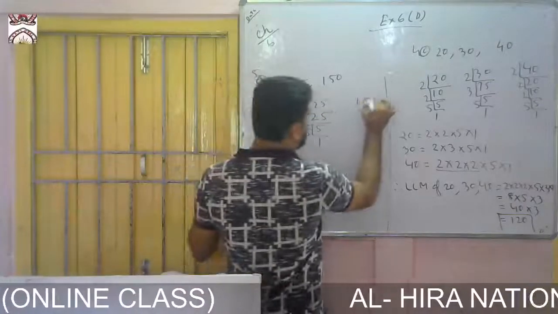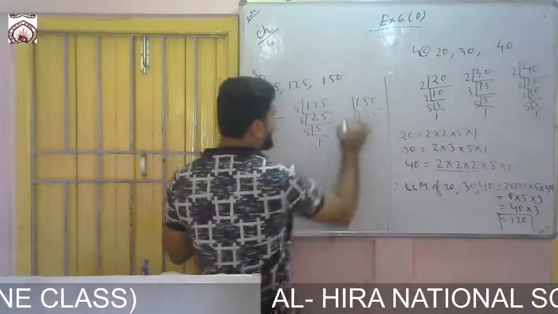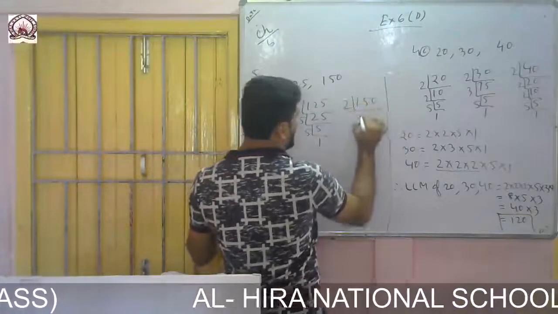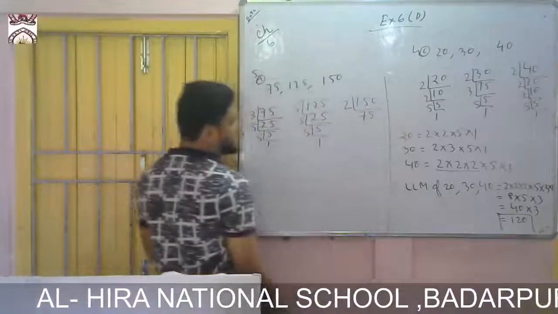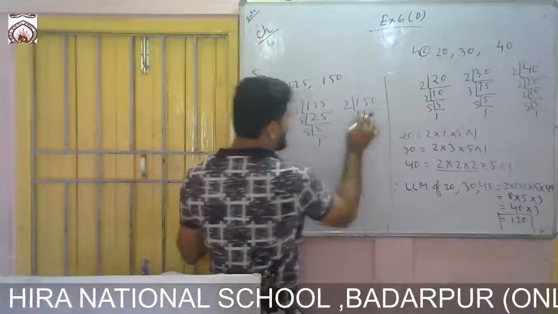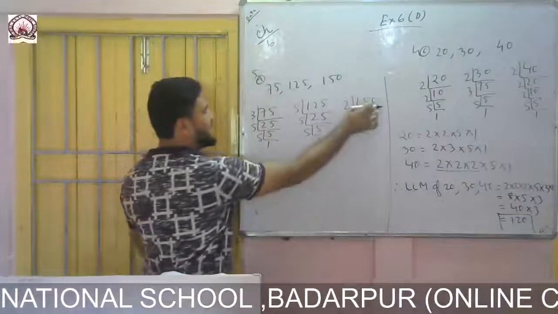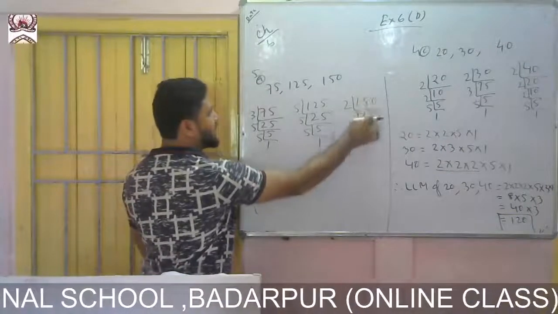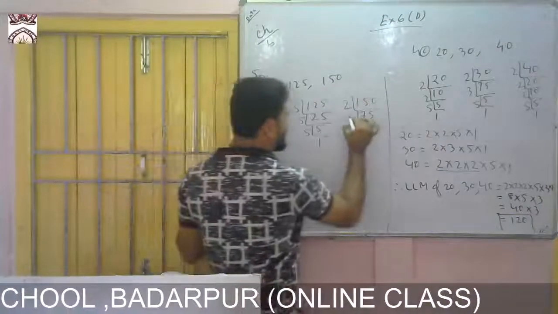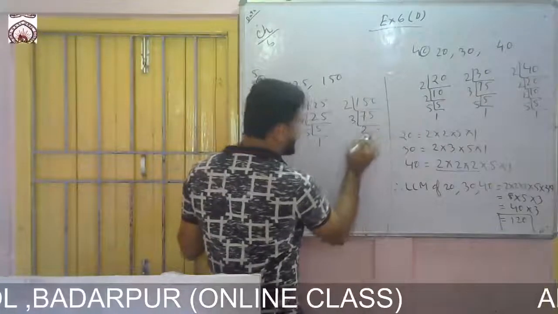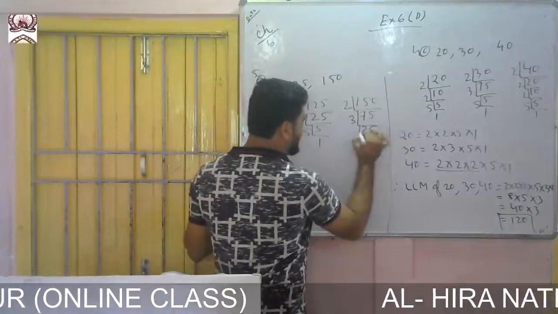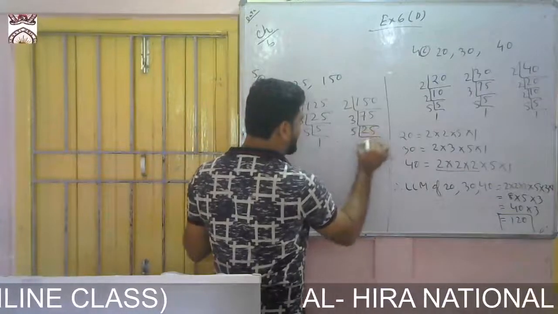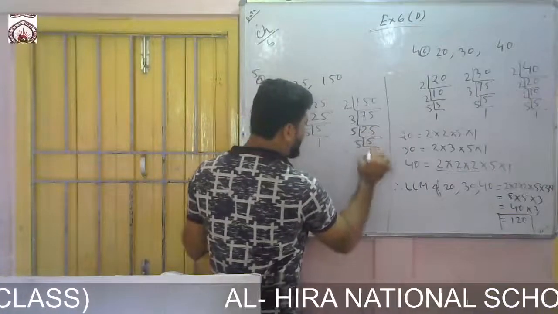Now 150: with 2, 2 7s are 14, 1 remain; 2 5s are 10. With 3: 3 2s are 6, 3 5s are 15. Again with 5: 5 5s are 25, 5 1s are 5.